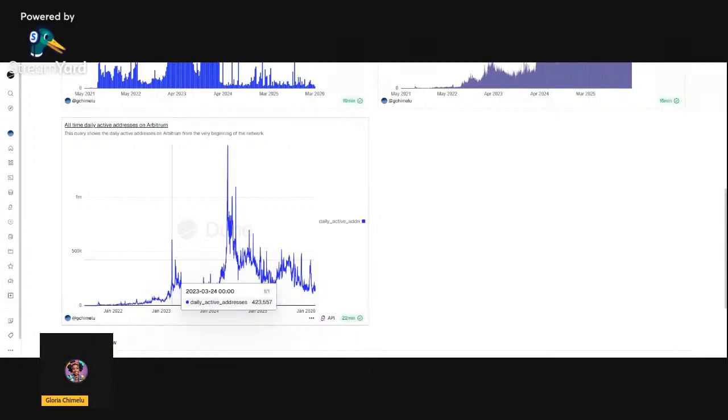So it shows that a lot of people were using Arbitrum at that time. After that there was a dip, which is normal because some people only came for the airdrop. But in 2024 it began to rise again, and it peaked around May 2024, and then it has been declining, but kind of stable.